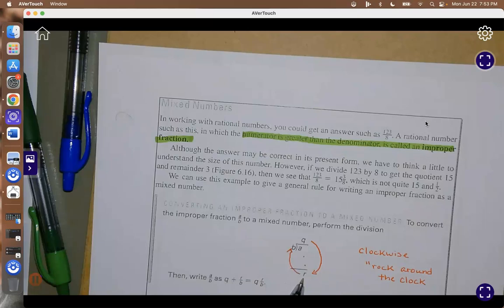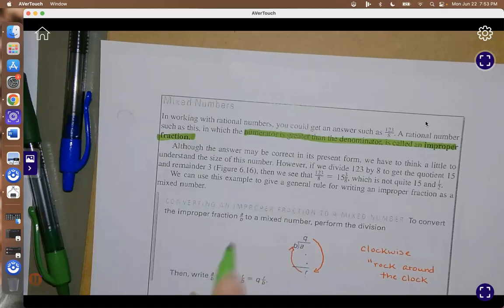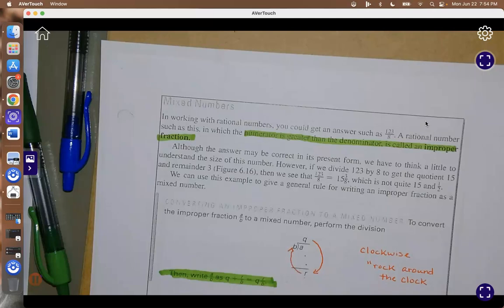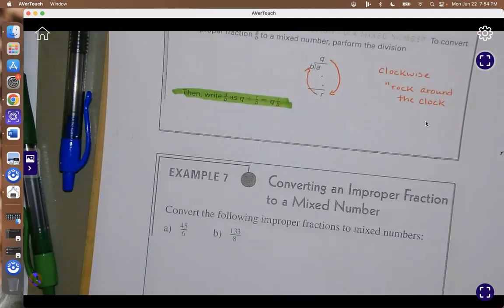That's the remainder. Okay, so you put the remainder over the divisor. Okay, and if you want to see the actual problem, let's do an actual problem.